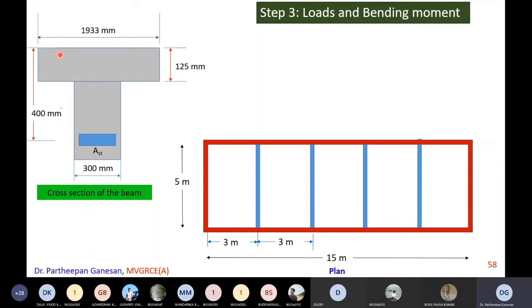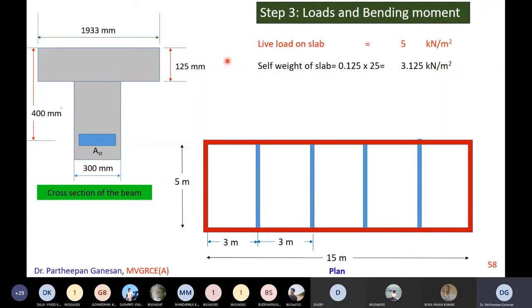Now on this slab, live load on the slab is given as 5 kN per meter square. In the problem, the floor finish is not given. You should always account for floor finish also. Before that, I will add the self weight of the slab.